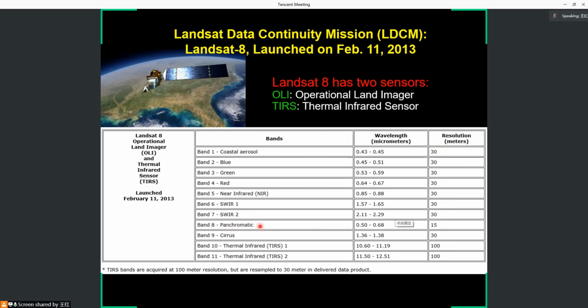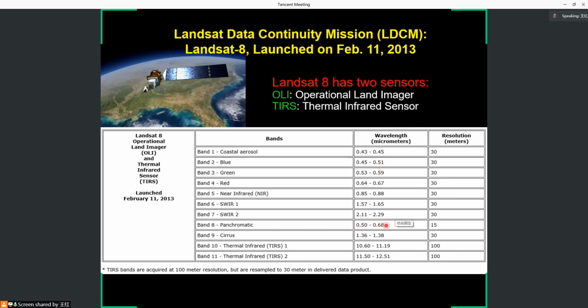Maybe someone asked, what is the panchromatic band? You see, this is band 1, 2, 3, 4, 5, 6, 7, 8, and this is the wavelength. But the panchromatic band's wavelength is from 0.5 to 0.68, from here to here, covering these 2 bands.